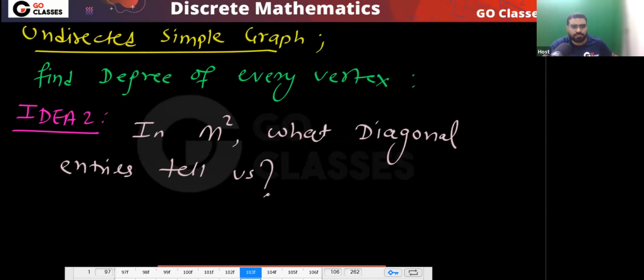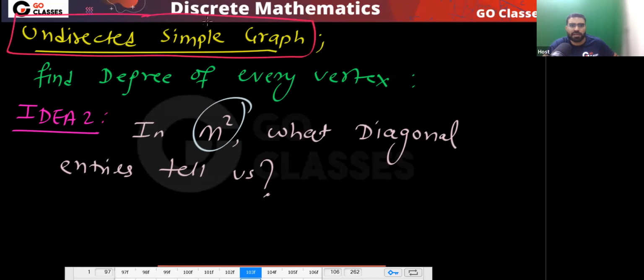In M square, you have an undirected simple graph, so there are no self loops. If you find M square for this graph, what will the main diagonal entries tell you?